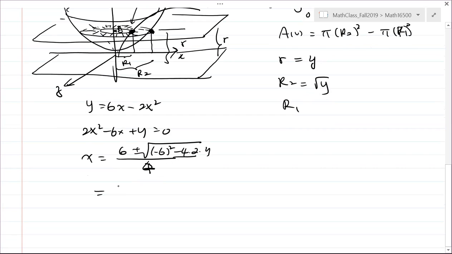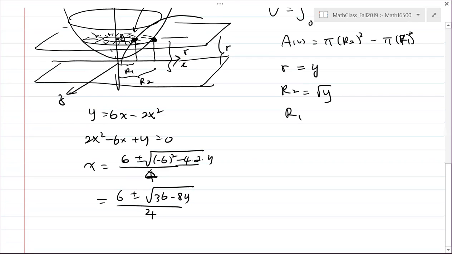You can simplify, but I'm not going to do that right now. Just put this. You have a plus or minus, so there are 2 solutions. We will choose the negative one, because we only need the shorter one. So R1 is going to be 6 minus. It is more complicated.